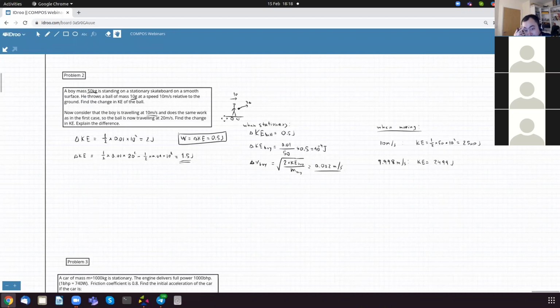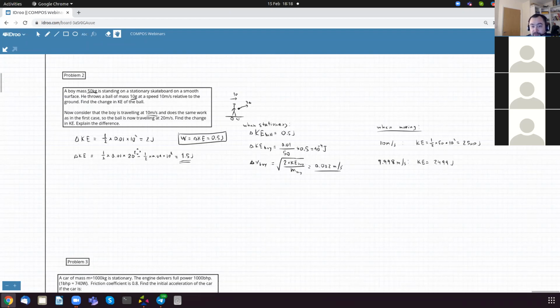So basically, this is called the kinetic energy paradox. When you are in a moving frame of reference, somehow it seems like energy is not conserved, but it is. Because the boy did the same amount of work, but caused a different change in kinetic energy.